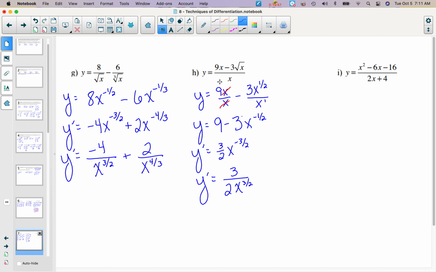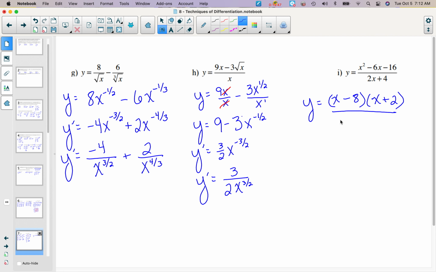Now, you couldn't do this if you had a sum, like I can't do this here. On this one, I can't split it apart with a 2x and a 4 because this is a sum. So what's the strategy going to be? Well, we are going to attempt to factor and see if we can simplify this first before we find the derivative. If I factor the numerator, it looks like we'll have a negative 8 and a positive 2.